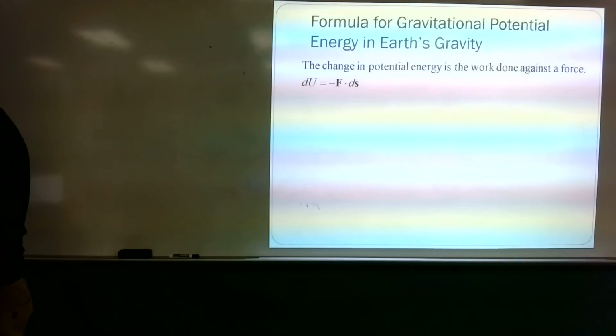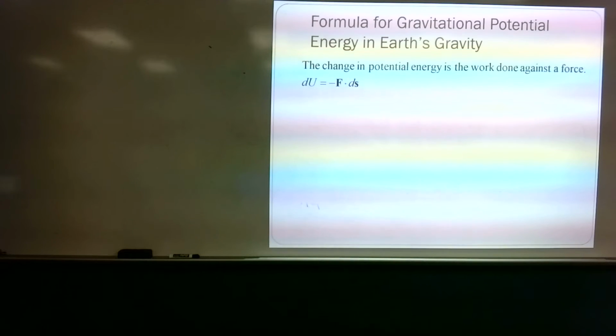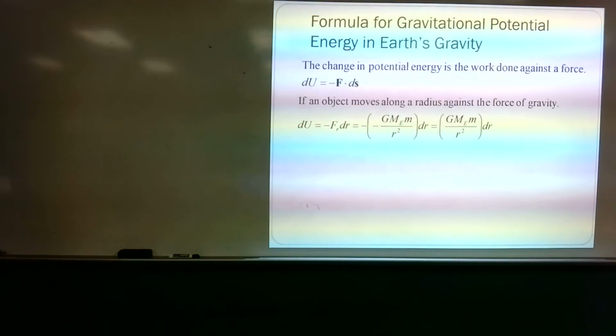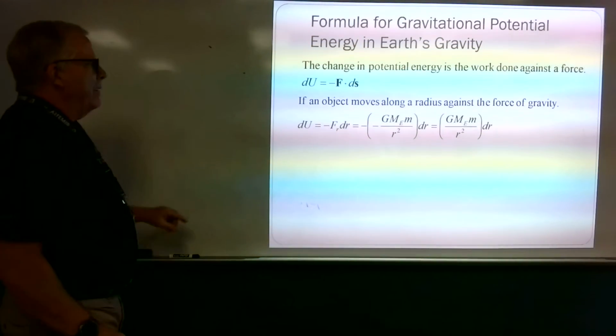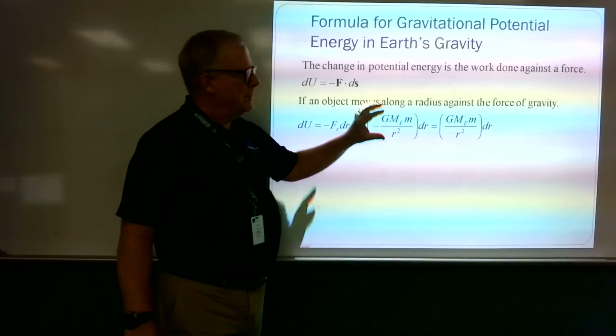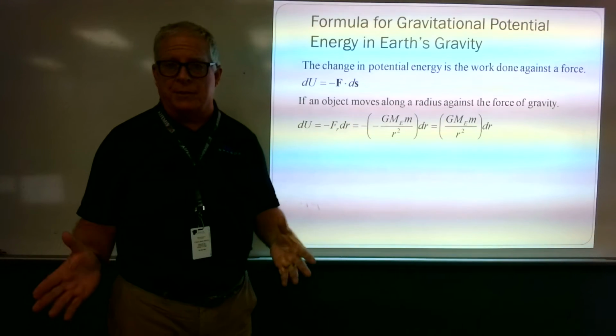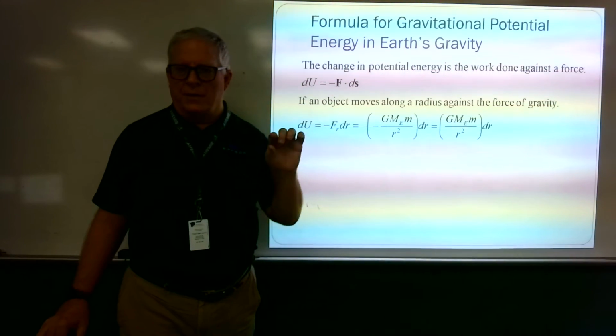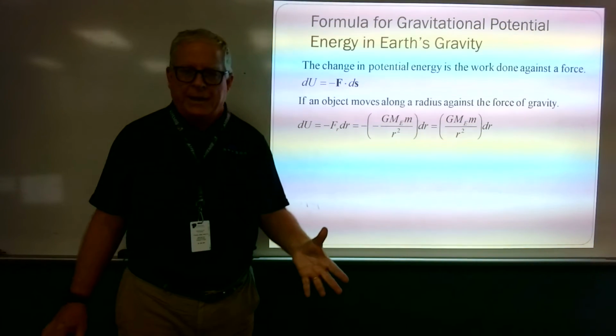Well, what's the force of gravity going to be? Let's say we're just following a radius, like we have an object moving along the radius. And it doesn't matter, by the way, what path we take, because that's one thing about a conservative force. It doesn't matter what path you take to calculate the change in potential energy.